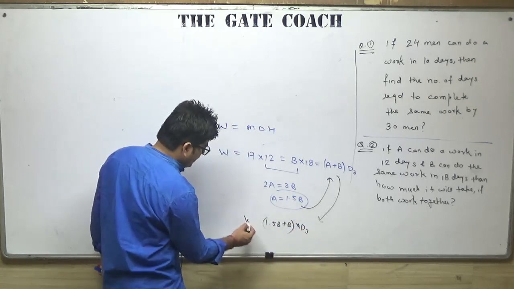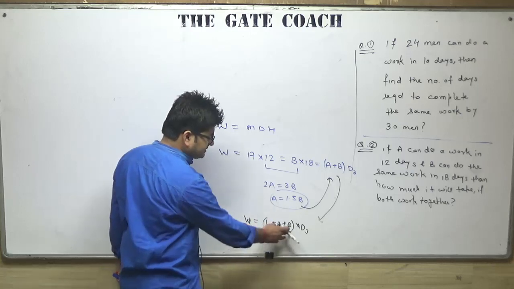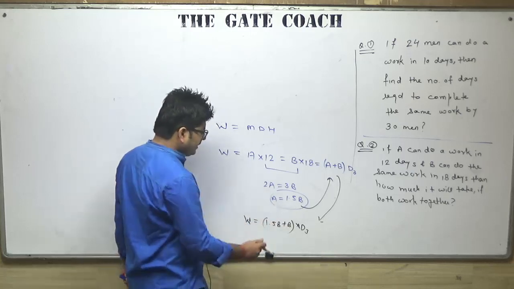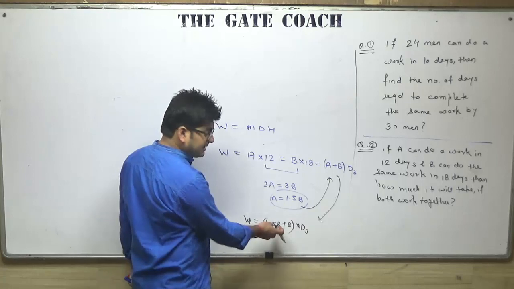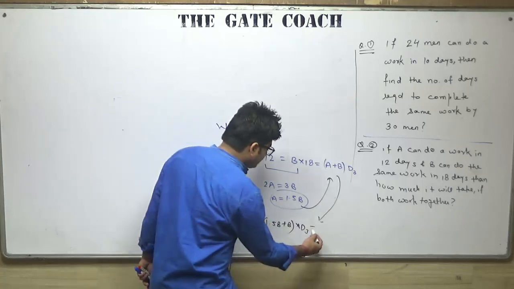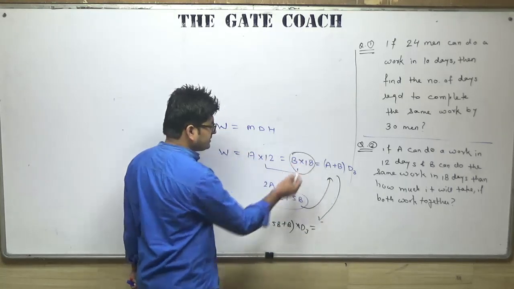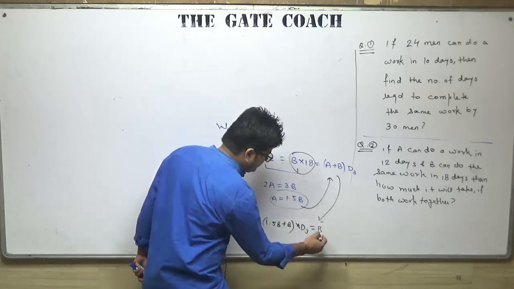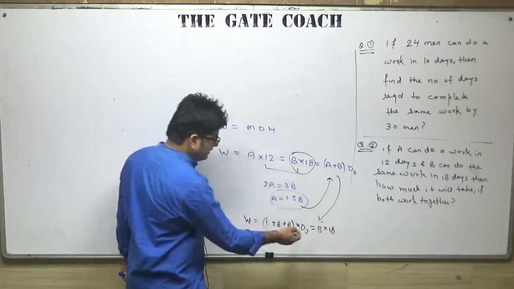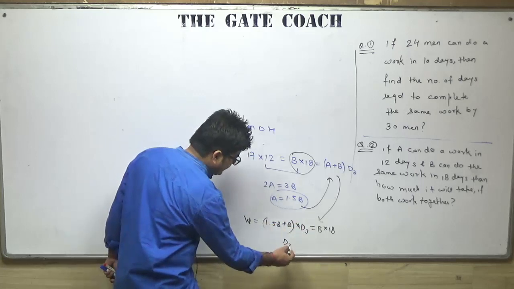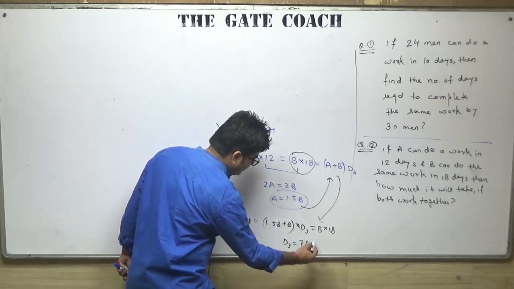This is the time required to complete this work by A plus B. Now B is unknown, so compare this with B into 18. When you solve this, B will get cancelled and you will get D3 is equal to 7.2 days.